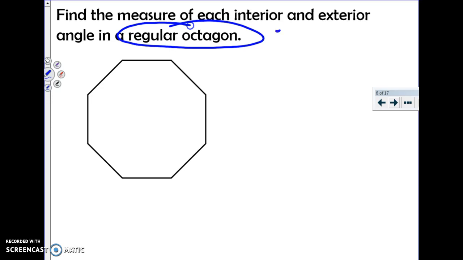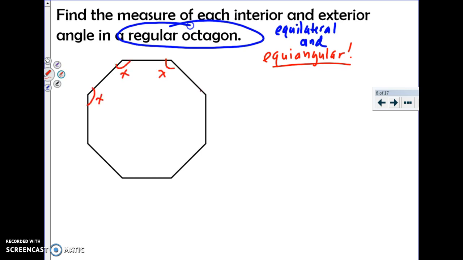Regular means equilateral, and the really important word here, equiangular. That means all the angles are the same. So I can label them all x if I have a picture. And I know that I'm talking about 8 x's.